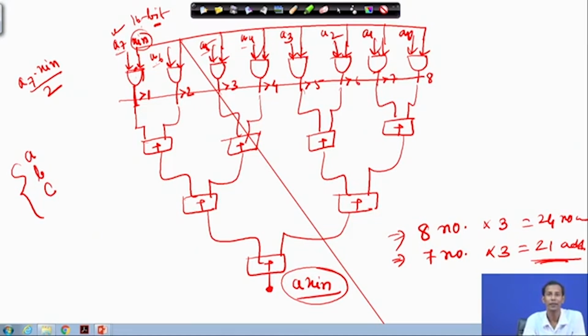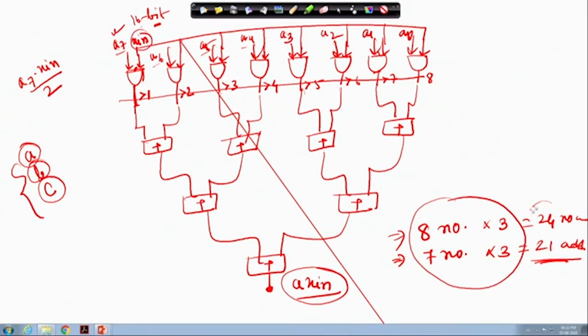This is to implement in a generic way, where I do not know the values of A, B and C. So I require these 24 ANDing operations and 21 addition operations to perform A Xin, B Xin and C Xin on that circuit.